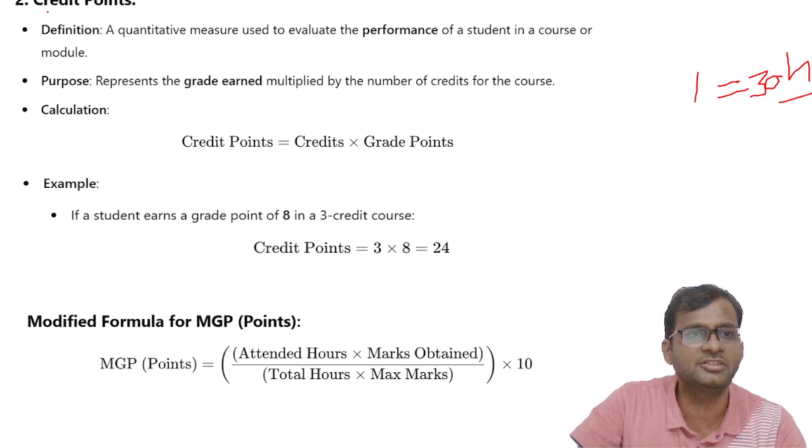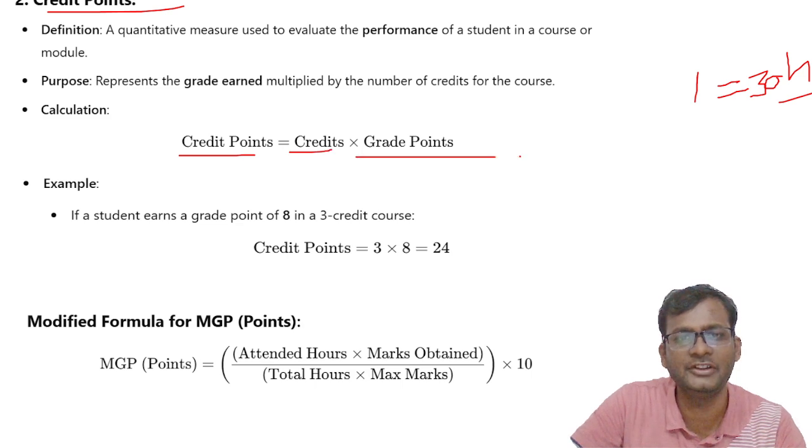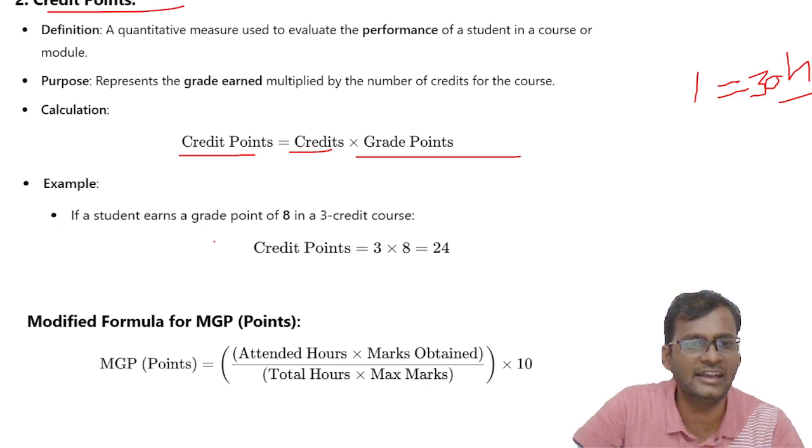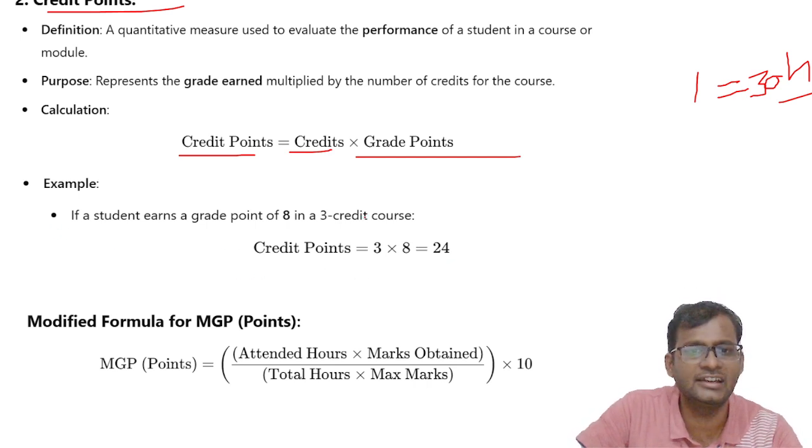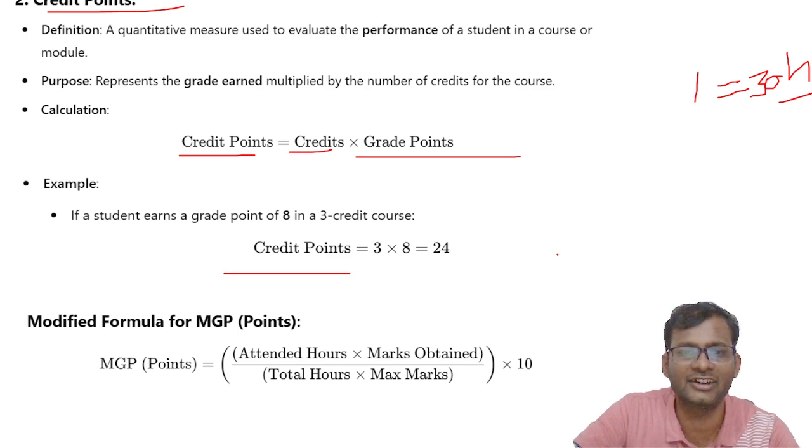But credit points is equal to credits into grade points. For example, if the student earns grade point 8 in a 3 credit course, then the credit points is 3 into 8, that is 24 credit points. Credits are different and credit points are different.